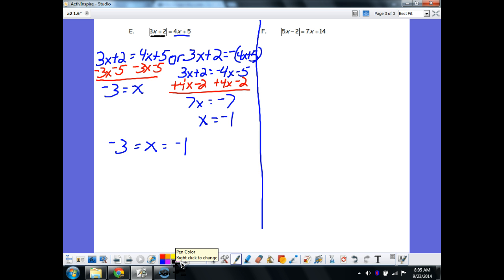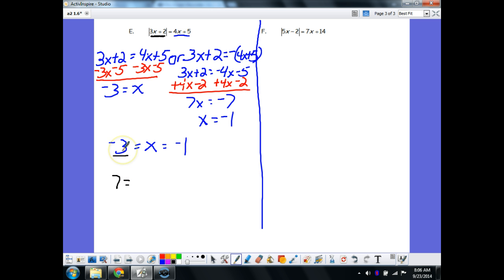So in the check, we're going to check negative 3 first. So we're going to plug negative 3 in for each of those x's. So on the left side, 3 times negative 3 is negative 9, plus 2 is negative 7. The absolute value of negative 7 is 7.